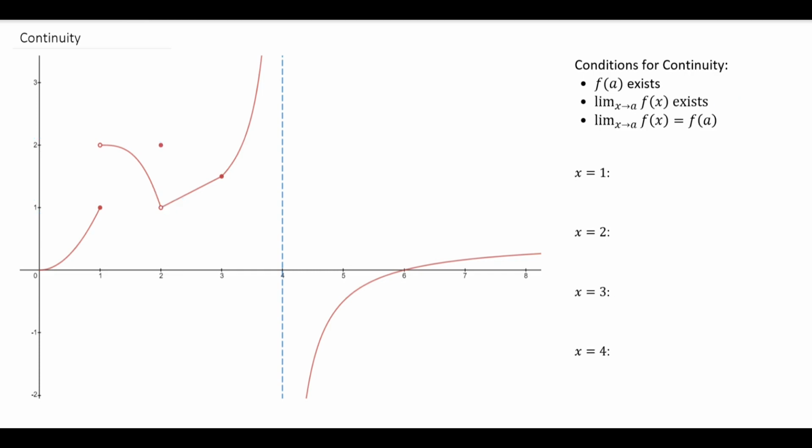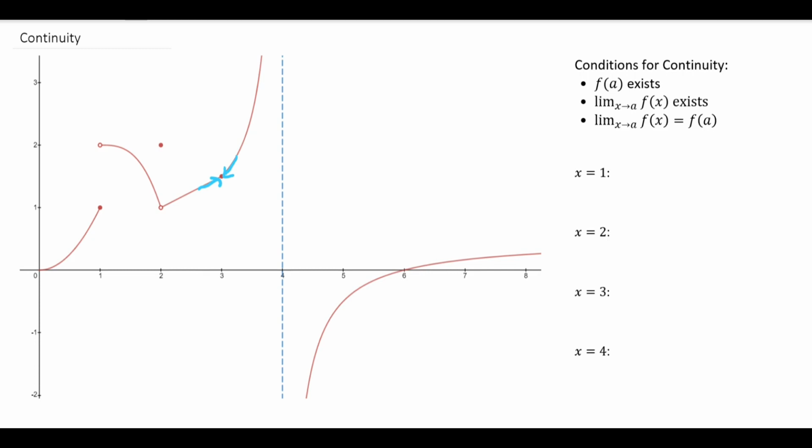How about at x equals 3? So first of all, does f of 3 exist? Yes, it does. If we plug 3 into this function, we would get, I don't know, 1.5 or something. So f of 3 does exist. The limit as x approaches 3 of f of x, the limit as x approaches 3 from the left, and the limit as x approaches 3 from the right, they're both going to the same thing.